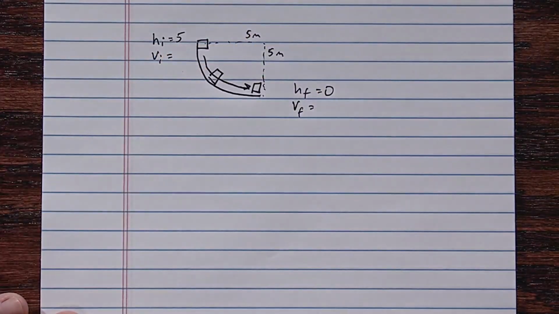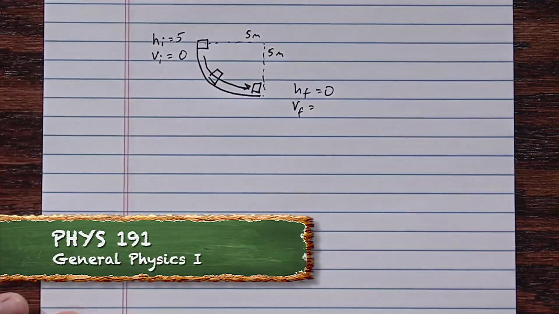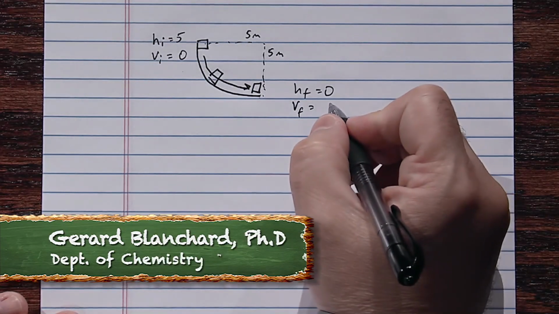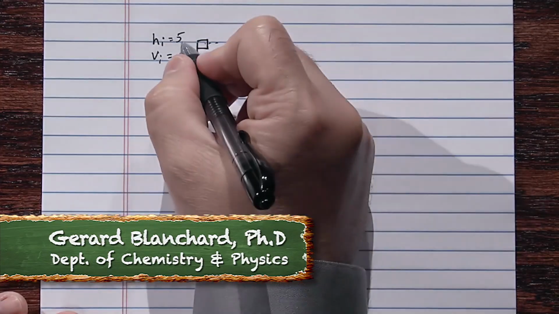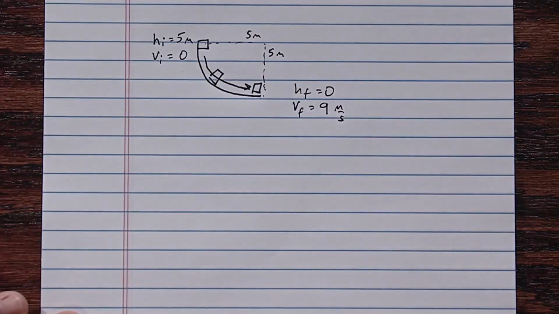V initial, we have to infer, is 0. He started from rest. We weren't told that he was moving in the beginning, so we have to infer that. He was stopped at the beginning. And his final speed is 9 meters per second. 5 meters, 9 meters per second.